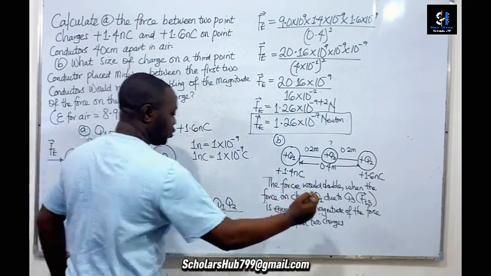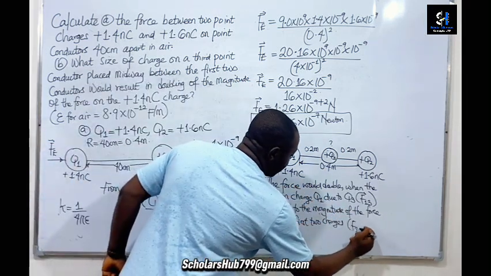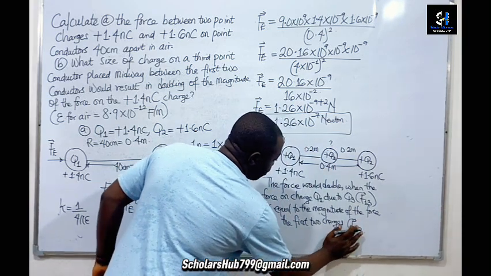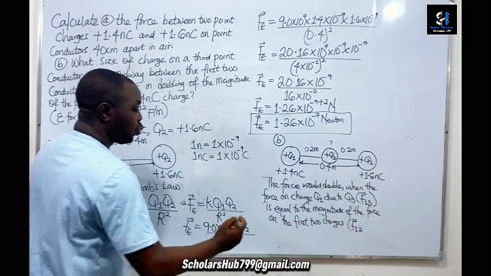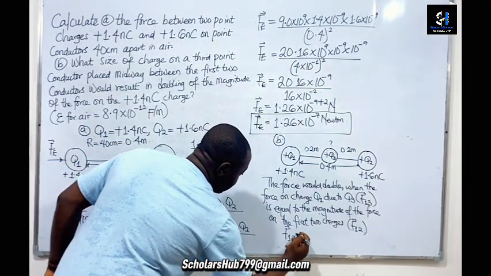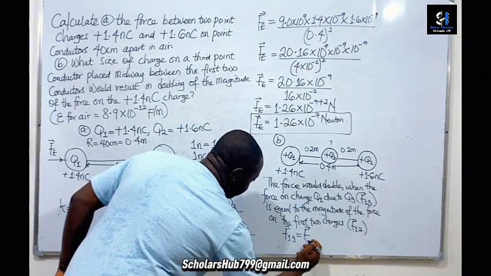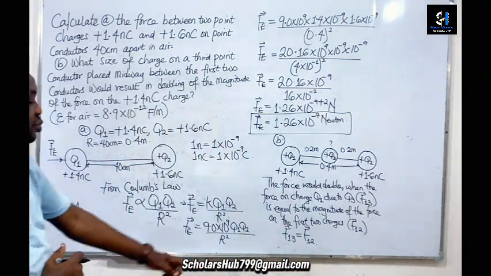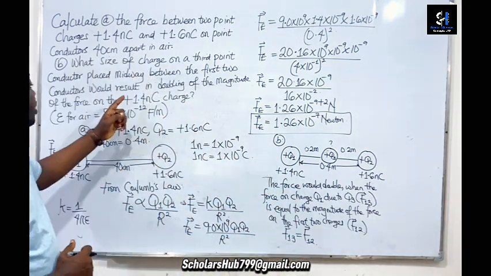So that means I'm talking about F12. This one is F13. So this simply means that F13 will be equal to F subscript 12. So the force will double.